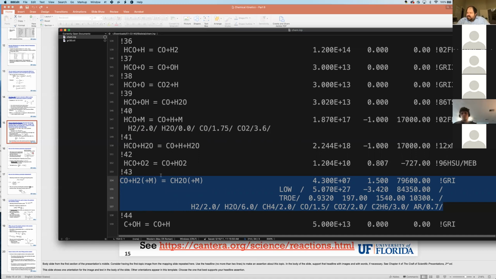And so here, the M is in parentheses, so that is indicating a pressure dependent reaction. And so here is a set of Arrhenius parameters for the high pressure limit. Here is the set of Arrhenius parameters for the low pressure limit. These are the third body efficiency factors for the third body. And then here are the Troe blending parameters.